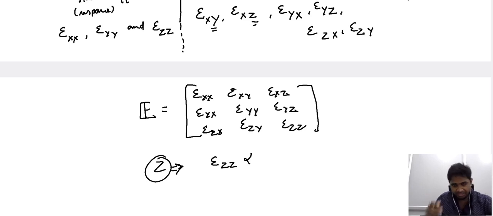So this strain is a direct response that acts along the loading direction, and the load that we impose, the stress that causes this particular strain, is along the z direction.